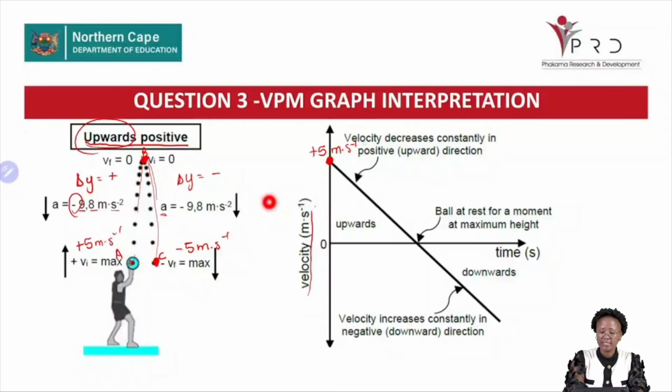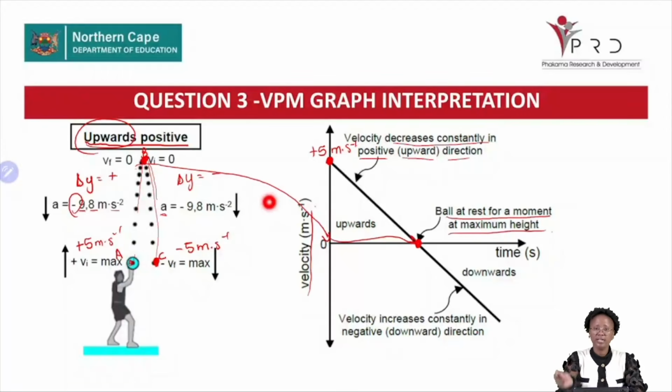And then the velocity decreases constantly in the positive and upward direction. The velocity will start to decrease until it reaches 0. What is 0? 0 is this point. Over here, this is the 0. The ball is at rest for a moment at a maximum height. This is where the ball stops and then comes back downwards.